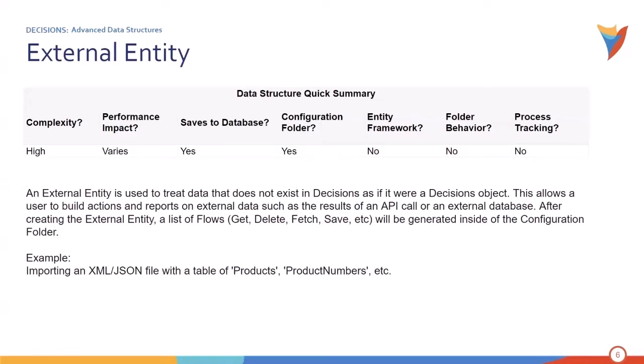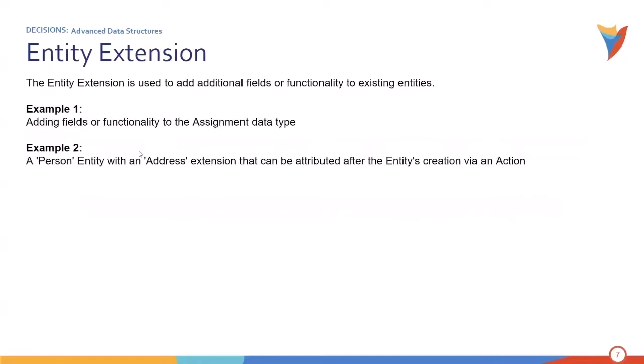We have the entity extension. This is basically, like the name sounds, an extension of an entity. It allows a user to add additional fields to the entity by adding a new database for the additional fields or additional functionality.